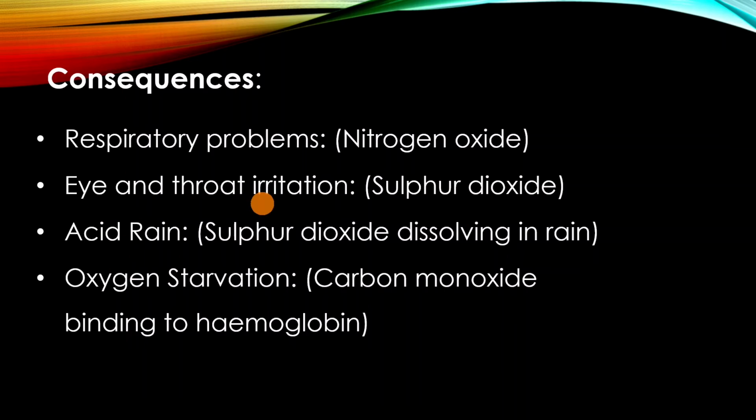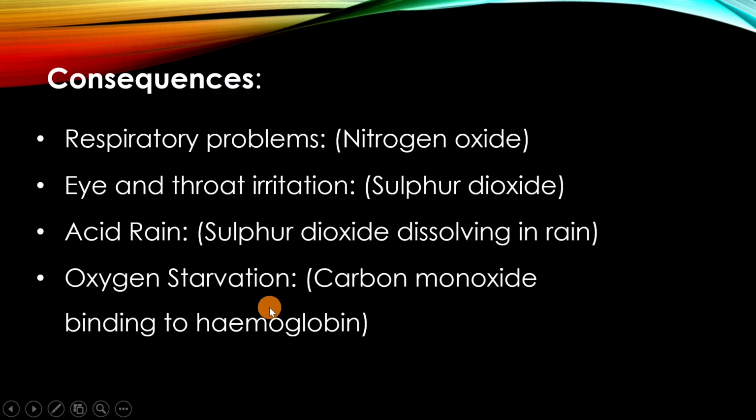Your eyes may be itching and also your throat. Then acid rain. Sulfur dioxide dissolves in rain. So when sulfur dioxide is released in the atmosphere and it happens to rain, it will form acid rain.